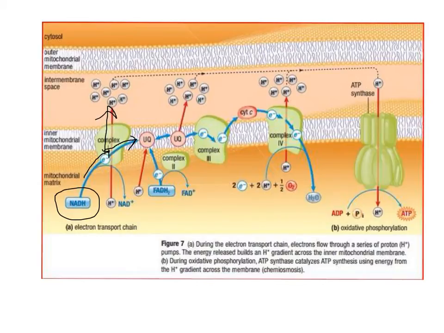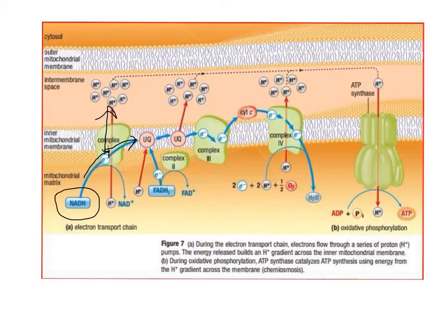The electron then passes with the help of ubiquinone into complex 3, where then cytochrome C helps the electron move to complex 4. This whole time, the protons are following the electrons because they are attracted to each other. However, the protons are in the intermembrane space and the electrons are traveling through the proteins.